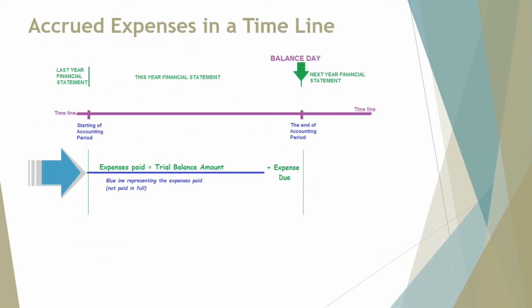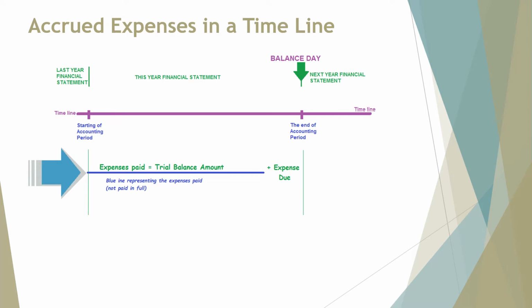Accrued expenses in a timeline. This is the timeline, the purple line, like what we have been looking at from the previous two classes. The purple line indicates the normal accounting period from the start to the end, and the balance day is the ending part.